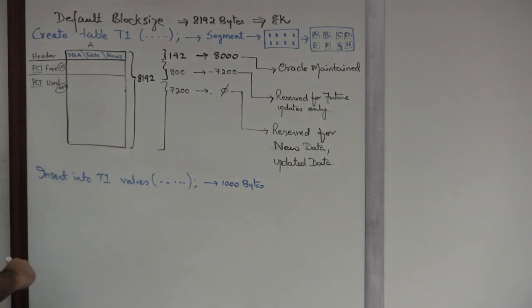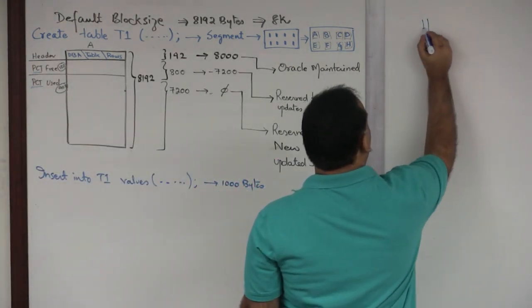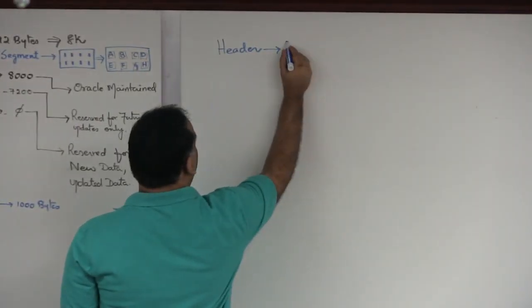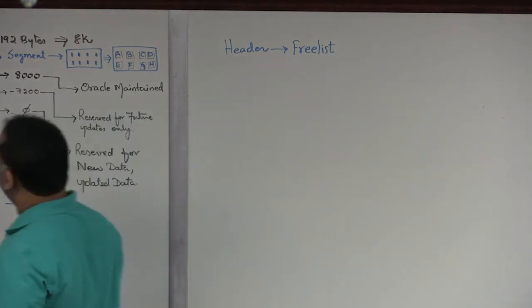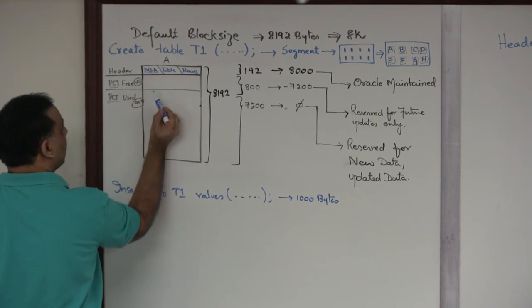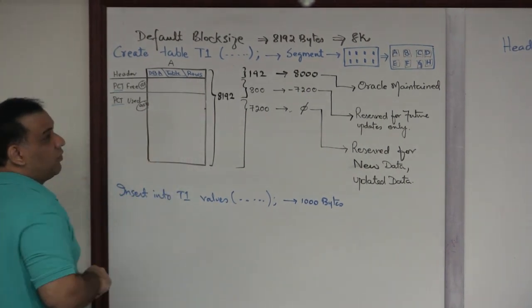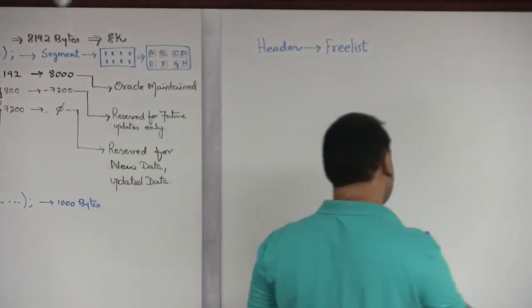Obviously when it looks at the header, there is something called the free list. When it is keeping track inside the data block address, we have the data block address and then the tables and rows. Basically for tables and rows, it is keeping a table, like a spreadsheet, called the free list.